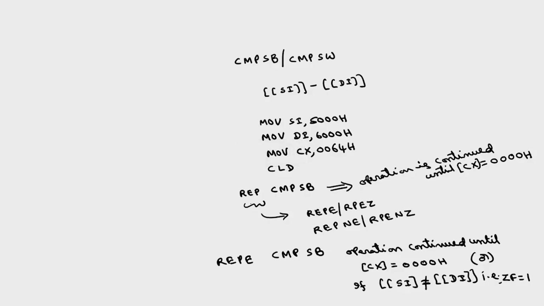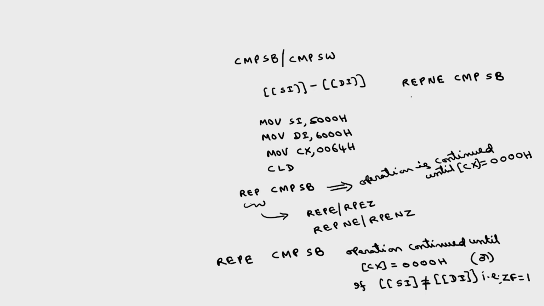Similarly, if I write repeat not equal, compare string byte, then this is the reverse operation. The operation will be continued until CX is equal to 0000 and if these two are not equal.